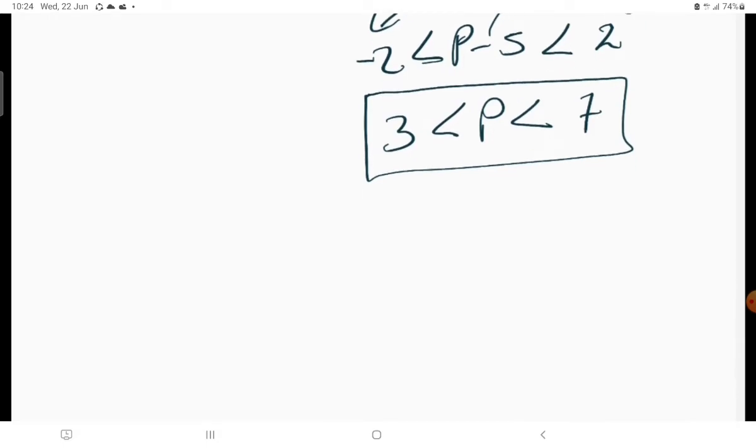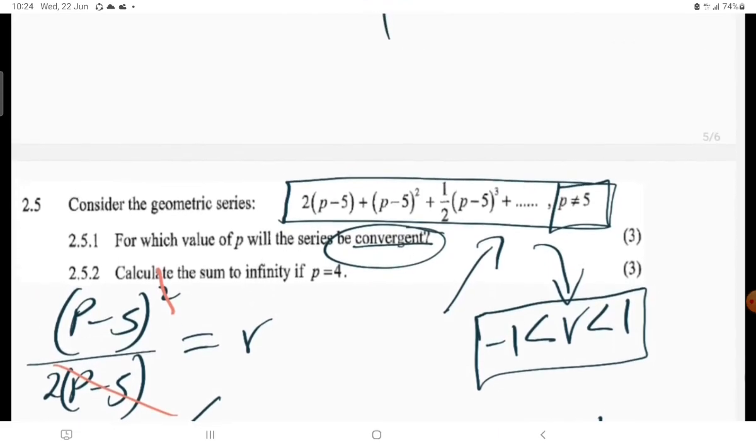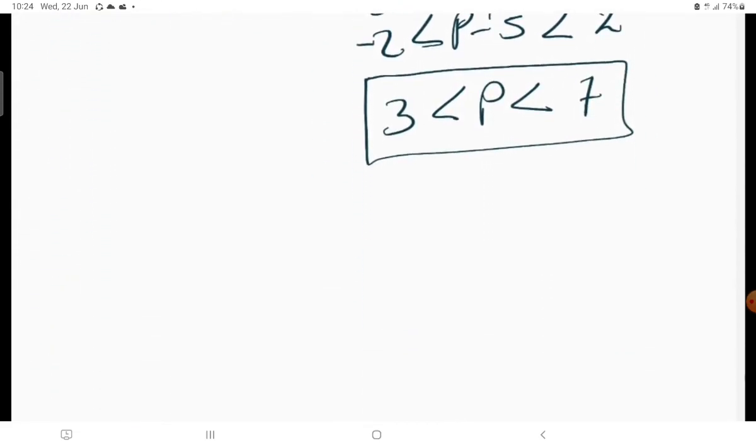So if we follow this condition, we need to break down our condition: p must be greater than 3 and less than 5, because 5 must not be included.